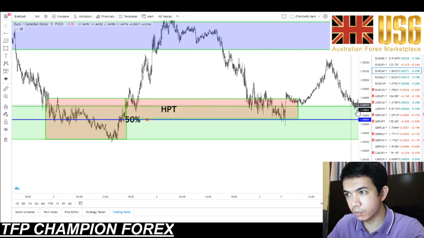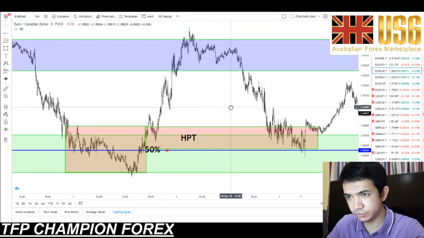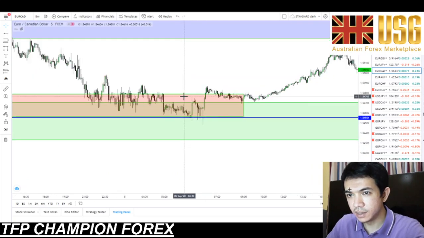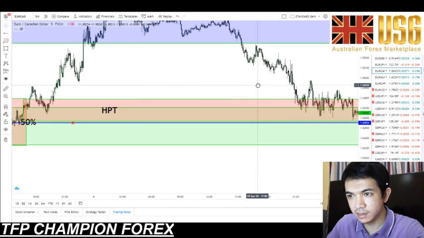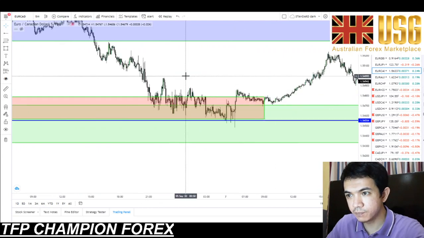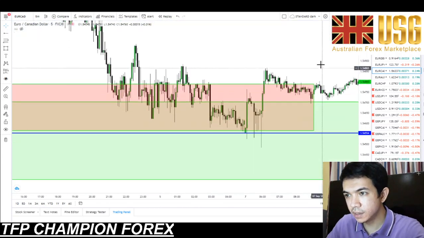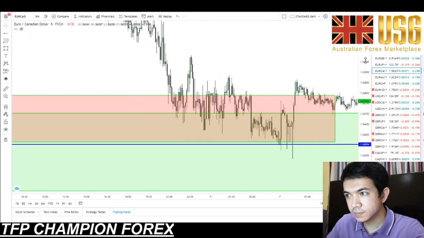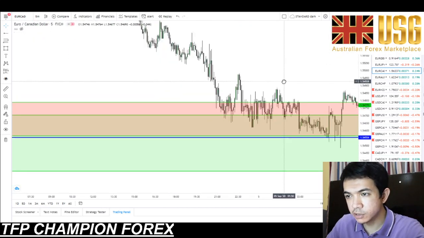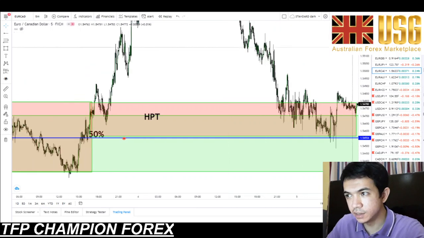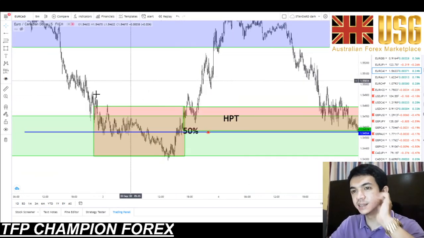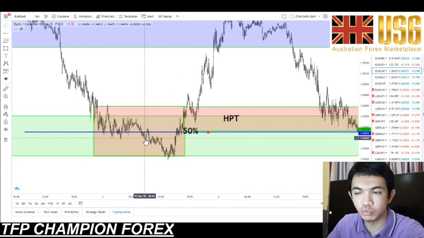Alright, so what did the price do? We can see here that the market price reacted at this 50% and formed buying pressure candles. So basically, I can look for an opportunity or place a trade at this level, because we all know that the current price is at the support level at my H1 time frame.